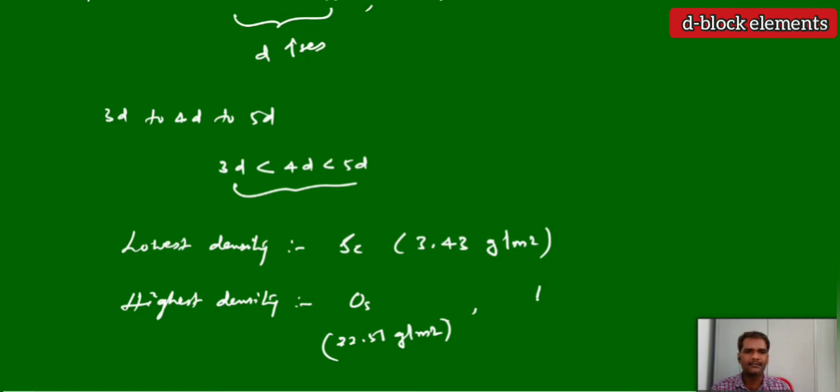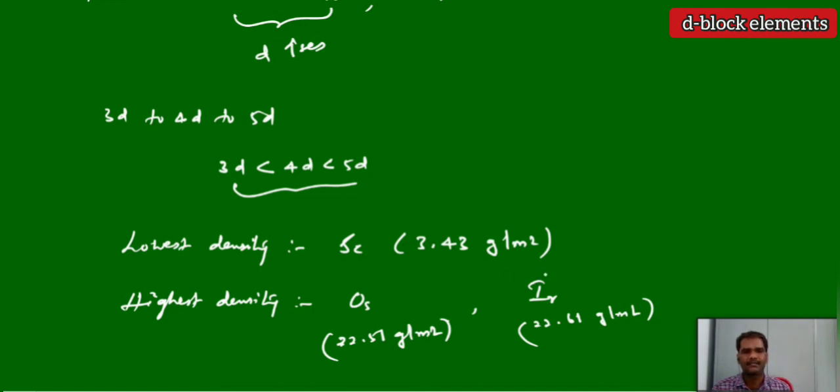And iridium also, among all, iridium has the highest density, but osmium and iridium are almost similar, with close values. Iridium is 22.61 gram per ml. These two, osmium and iridium, are high density elements overall in the periodic table itself, not only the D block. In the periodic table also, iridium has the highest density.